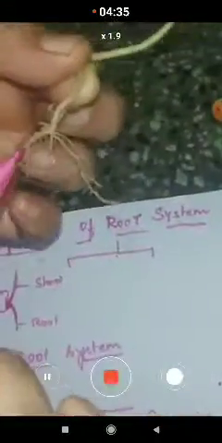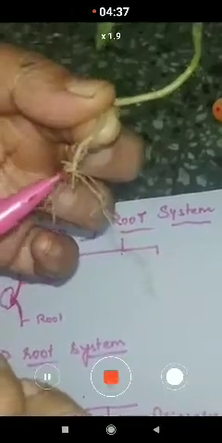So this is the base of the stem. Here this is one root, and here this is one. Here you can observe the bunch of roots, 3 to 4 roots are arising. This is the bunch of roots. Here you can observe this point. So a bunch of roots starts arising from the base of the stem.